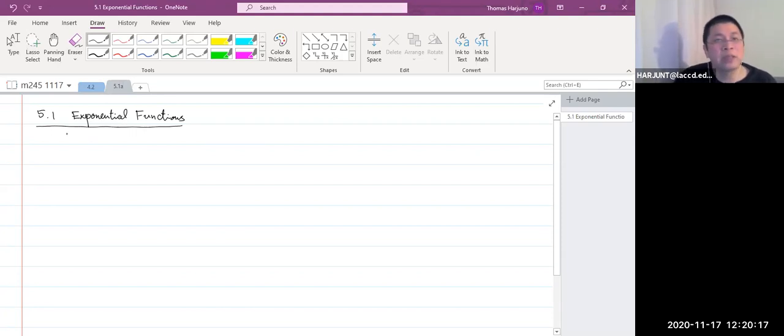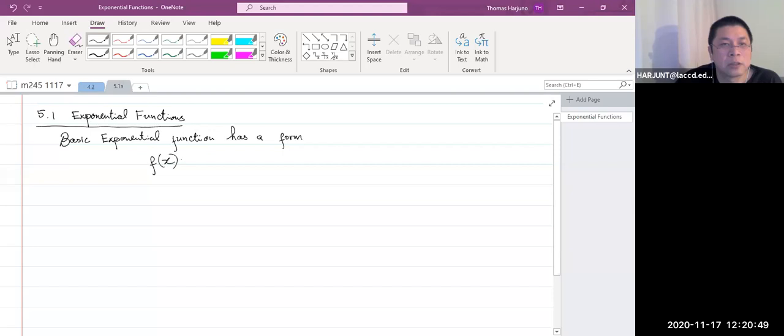Okay, let me start with the basic exponential function. The basic exponential function has the form f(x) equals a to the x, where a has to be positive and cannot be 1.